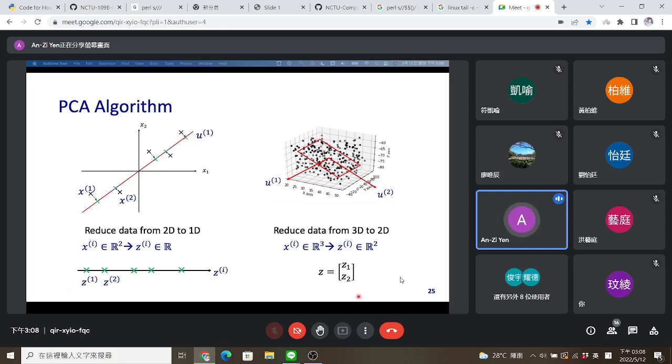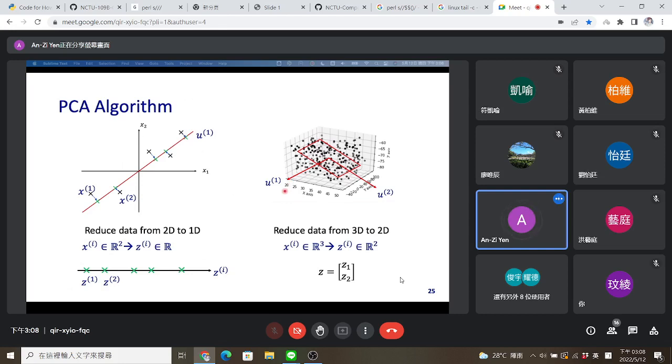So what PCA has to do is come up with a way to compute two things. One thing is this vector u1, or in this case u1 and u2, and the other thing is how do we compute this number z, or the vector z. So how do we compute all these quantities?